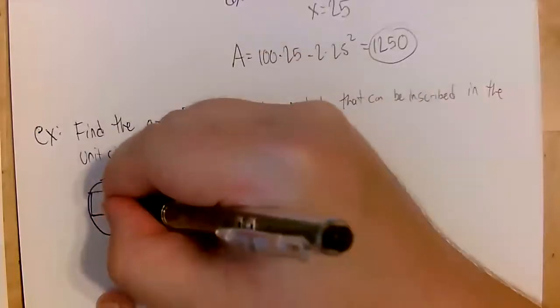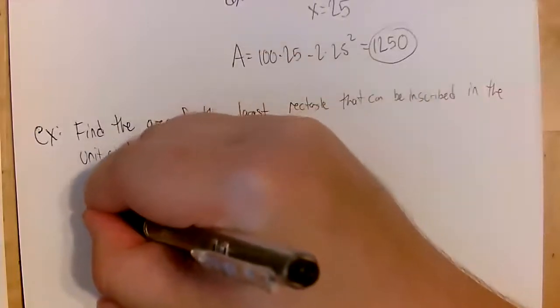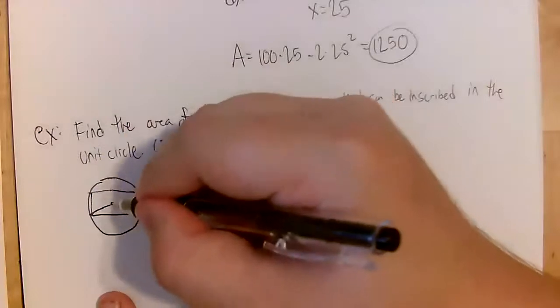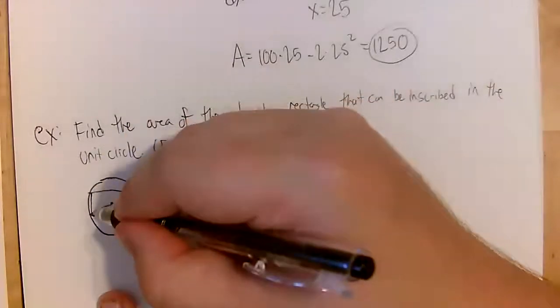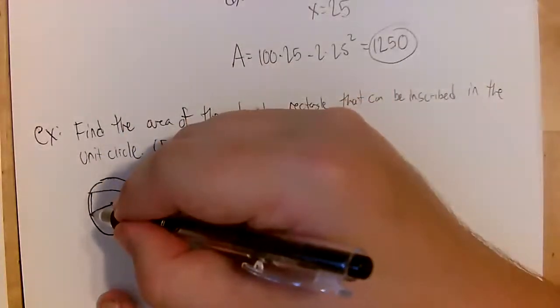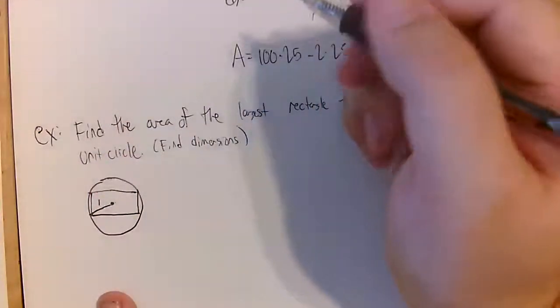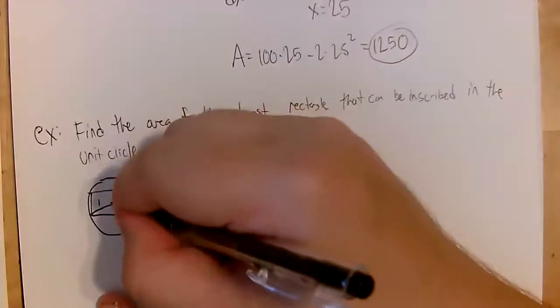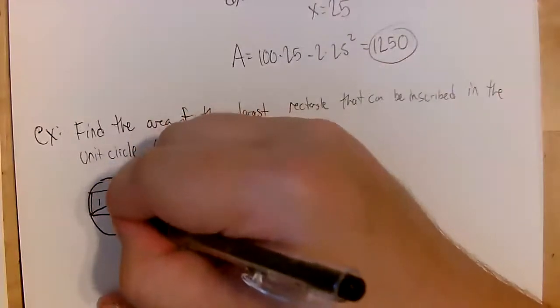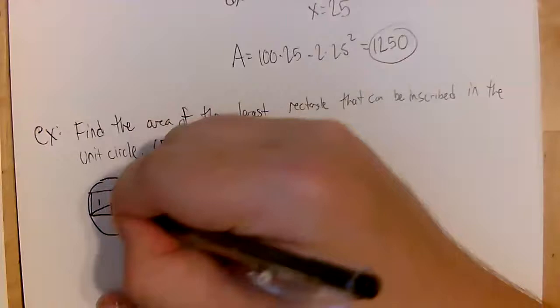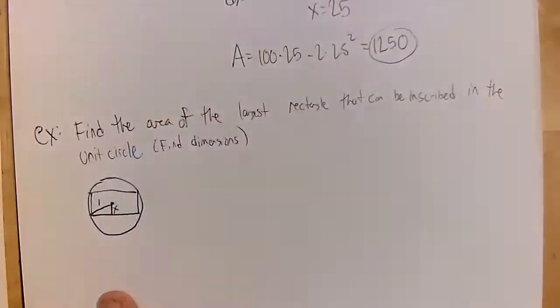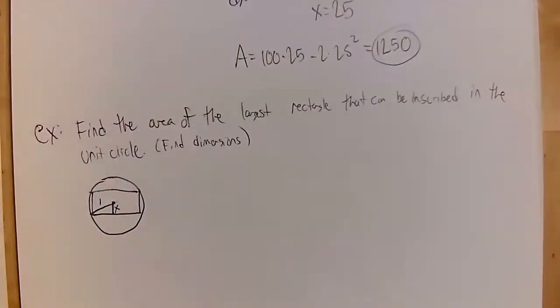What I'm going to do is I'm going to draw this line right here. Now, since this is a circle, the length of the line from its center to the edge of the circle, where it also meets the corner of the rectangle, that has to be 1. And then I'm going to define this length here, dropping down directly towards the bottom of the rectangle. I'm going to call that length x right there.